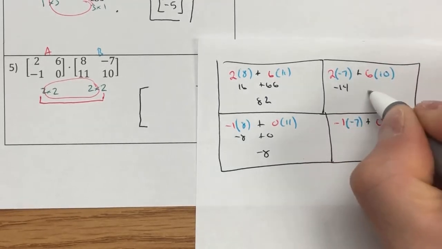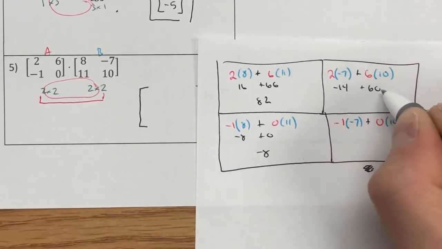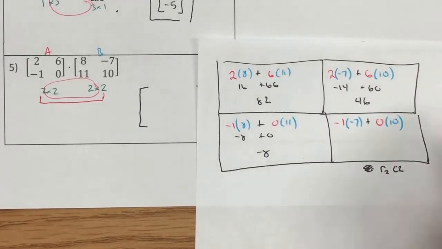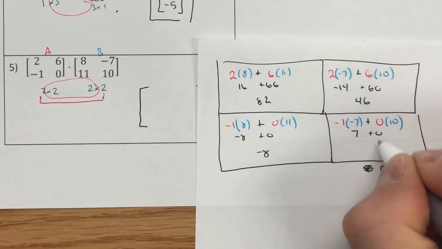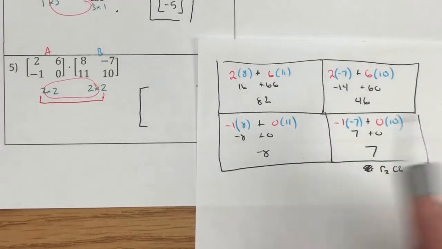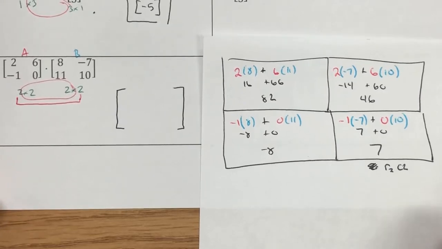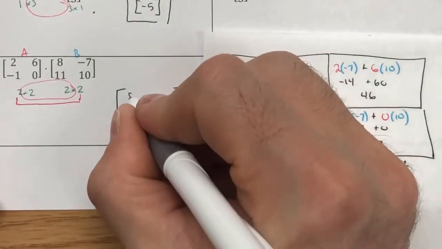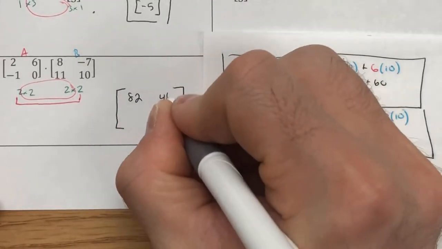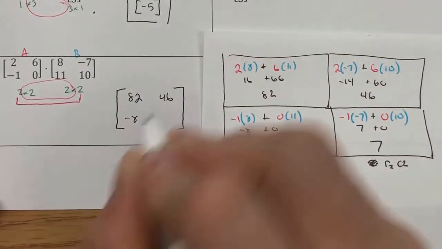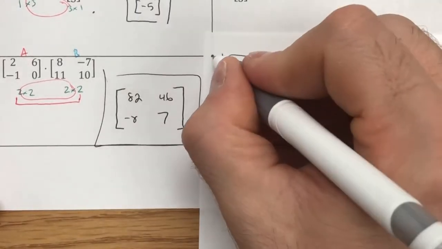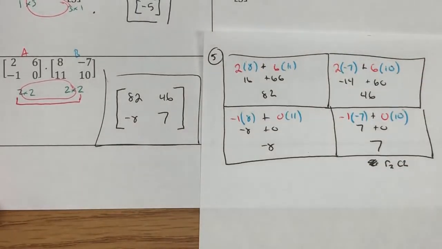Negative 14 and 60 is going to give me, let's see, 50 and 46. That's going to give me a 7 plus 0, or a 7. So now I know what my resulting matrix is going to be. My answer for this, when I multiply this matrix times this matrix, is going to be 82, 46, negative 8, and 7. And there we go.